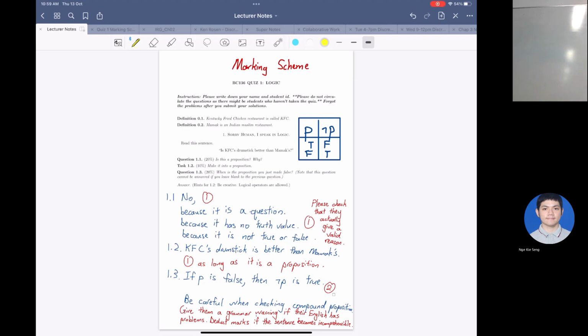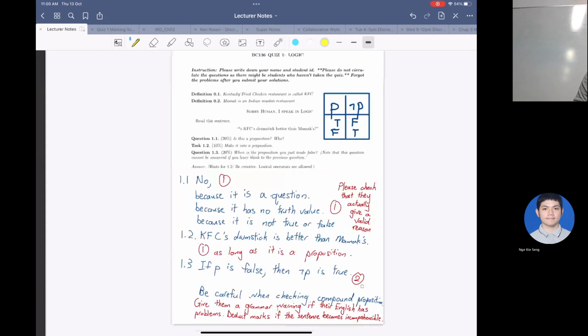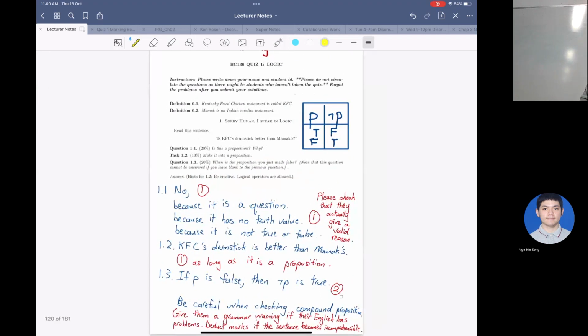Okay. Maybe I start discussing a little bit. So the first question here asks: is this a proposition? This is quite similar to your tutorial question. So it's not a proposition because it is a question, or it has no truth value, or you cannot determine whether it's true or false.